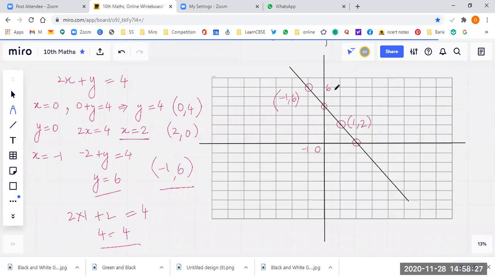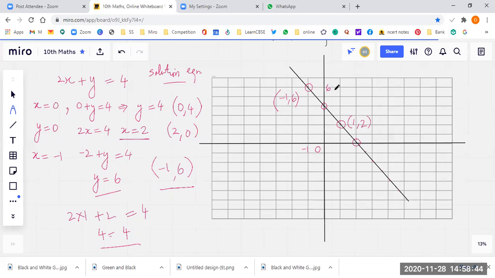Now students, there are infinite points on this line. And students, all these infinite points are the infinite solutions of this linear equation.